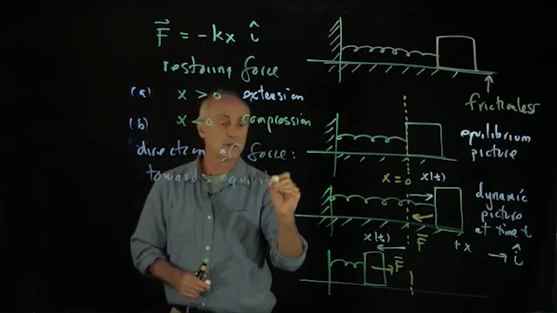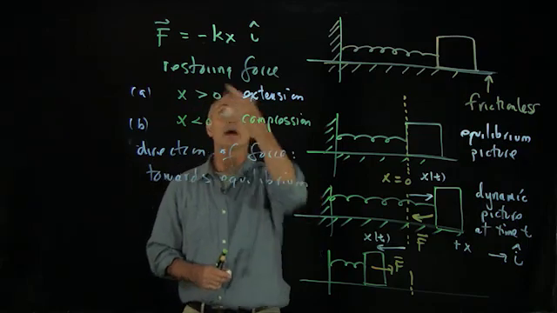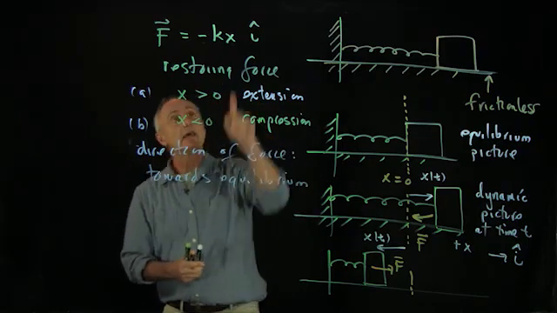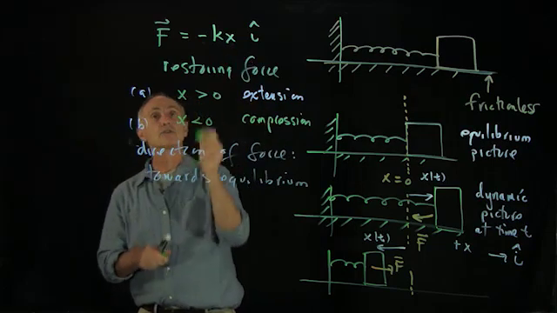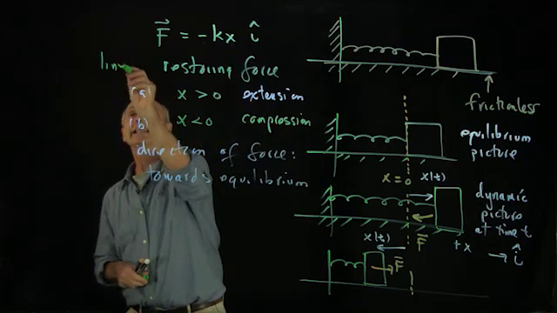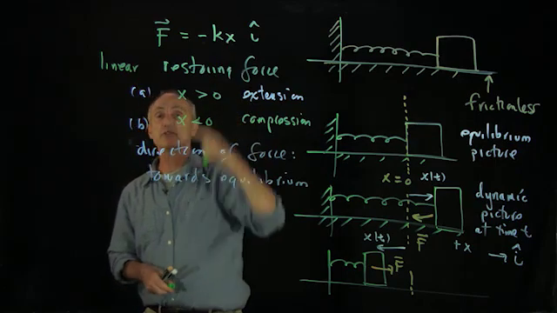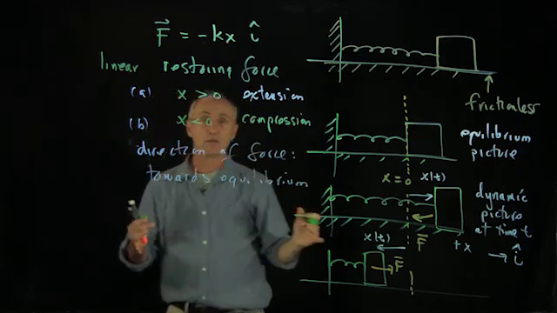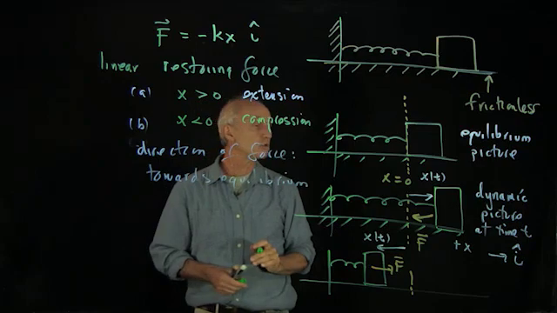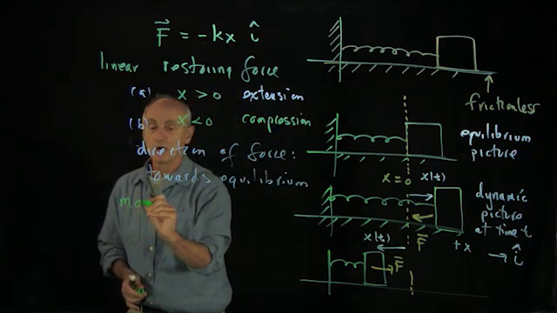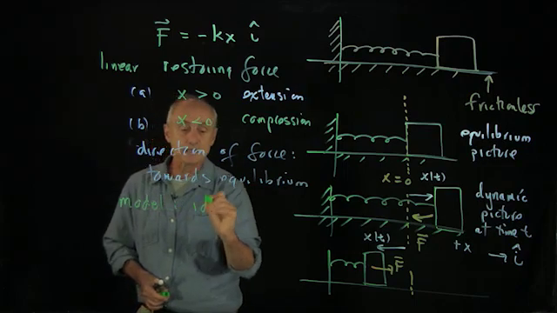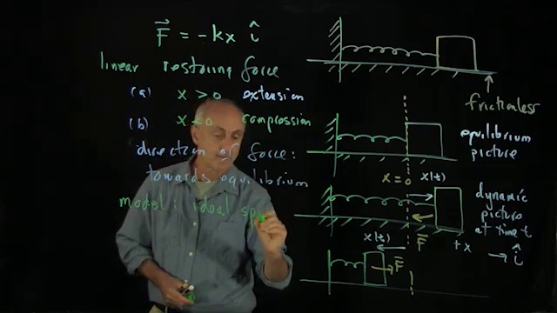And this example of a restoring force is also only proportional to x. And so in that case, we can add the word linear, because it's just to the single power x. And this is an example of a linear restoring force. And this is a model for an ideal spring.